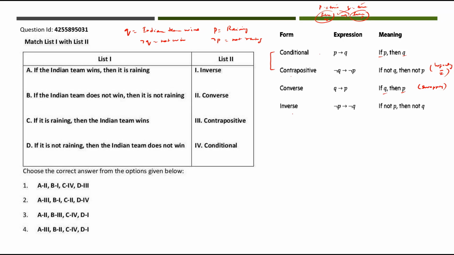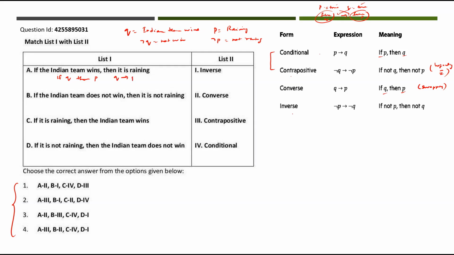In one of the earlier questions they have mentioned this is P and this is Q clause. So we were able to find the expression in a quick way. But here we don't know what is P and what is Q. Just based on these 4 options only, we will be able to find which is Q and which is P. If the Indian team wins, if Q, then it is raining means then P. What is if Q then P?